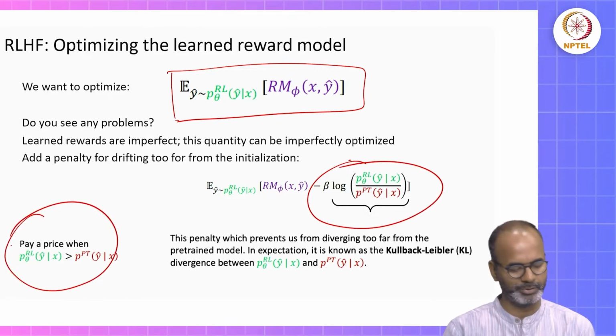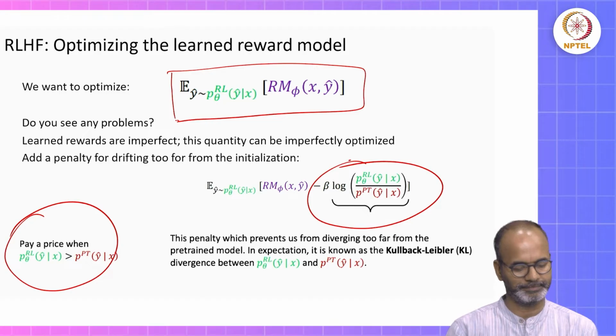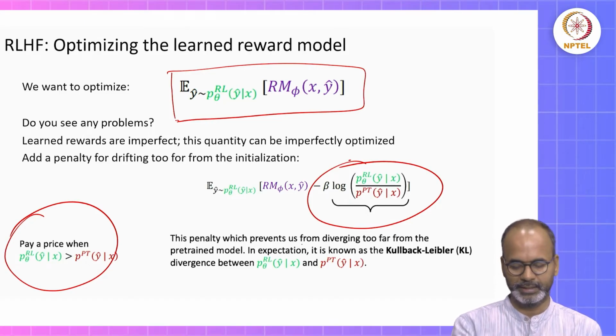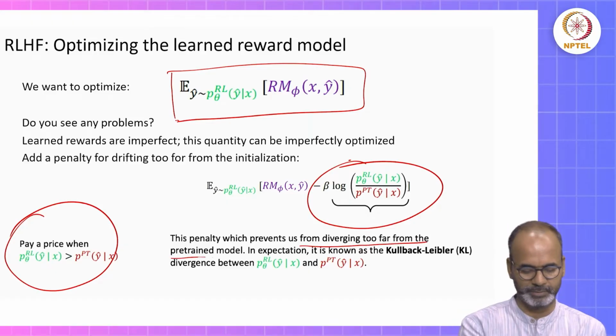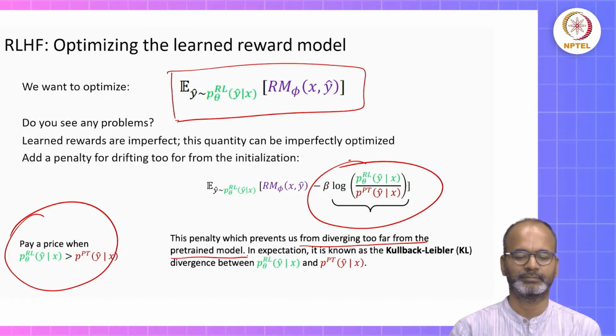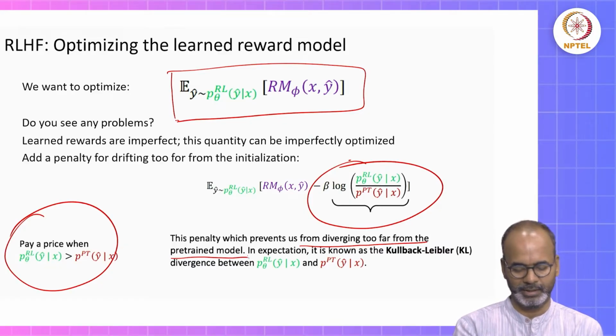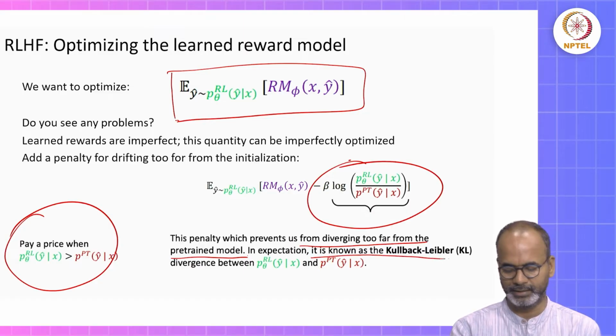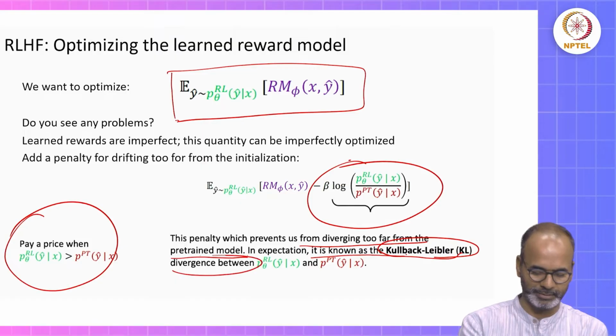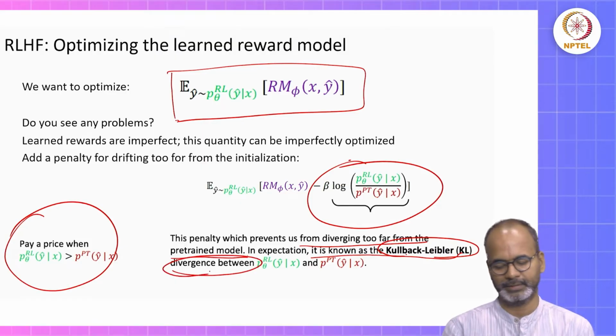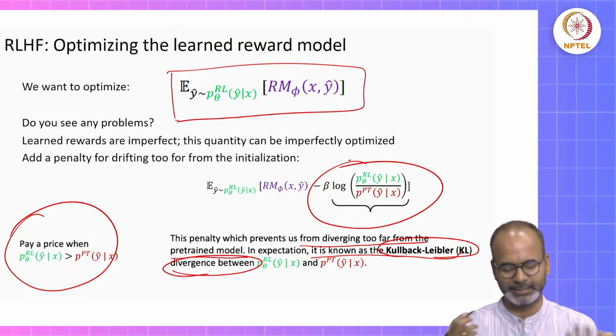What we want to do is have a penalty which prevents the model from diverging too far from the pre-trained model. Your reward that you're building should be very close to the pre-trained model. In expectation, this is known as the Kullback-Leibler divergence, in short called KL divergence.